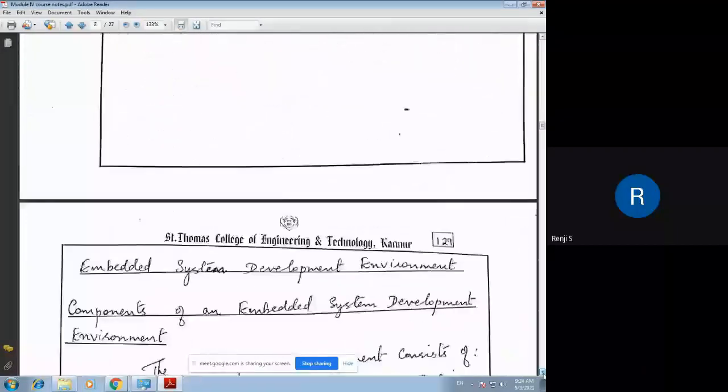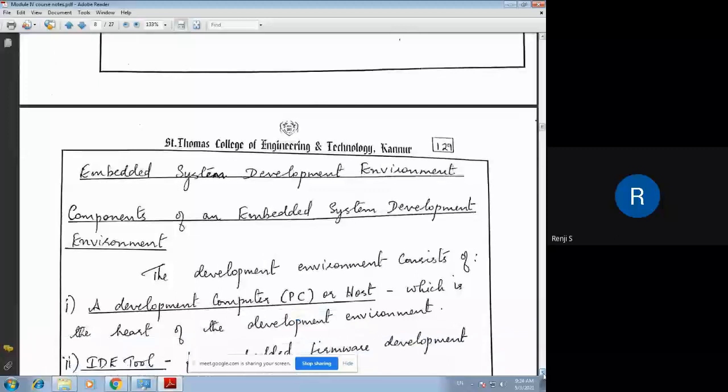The next section is about the embedded system development environment, or the components of an embedded system development environment.